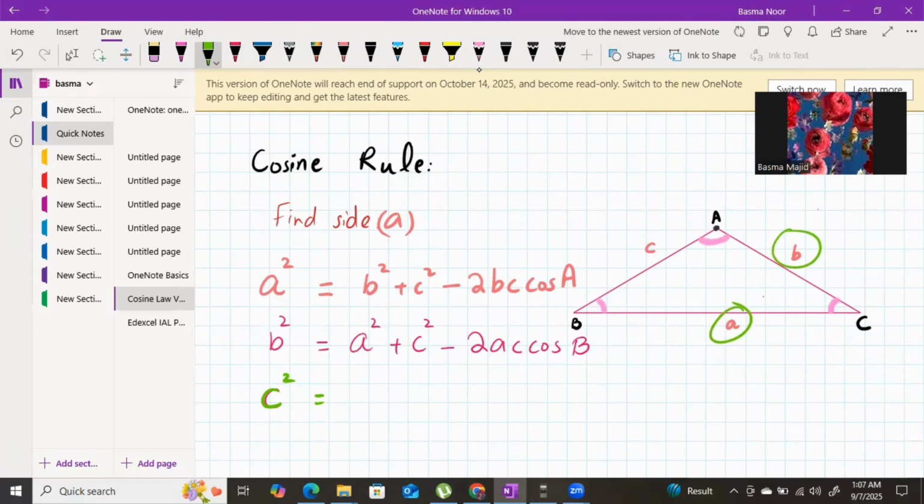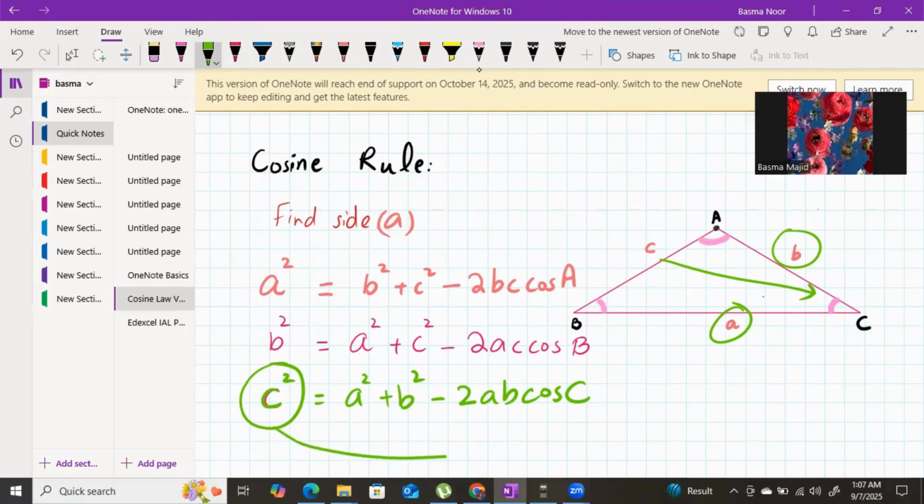So it's going to be a squared plus b squared minus 2ab, the same sides other than c, and then the cosine of the angle opposite to c, which is C in this case. This is how you can learn the formulas and keep them in mind. The side you are going to find, you keep on the left hand side, and the angle used will be the angle opposite to that side.